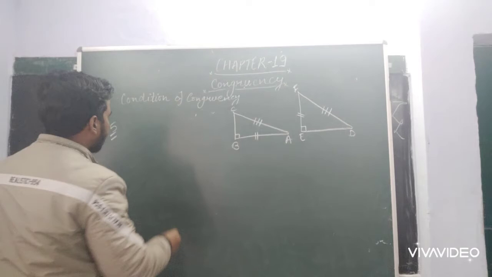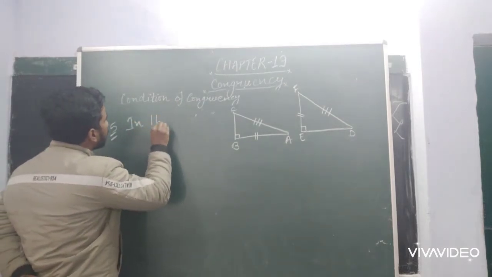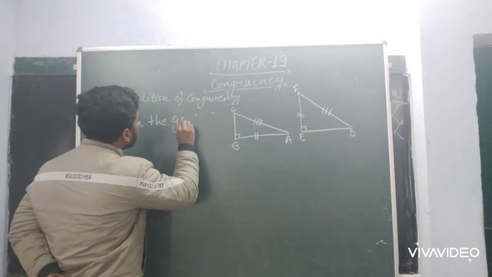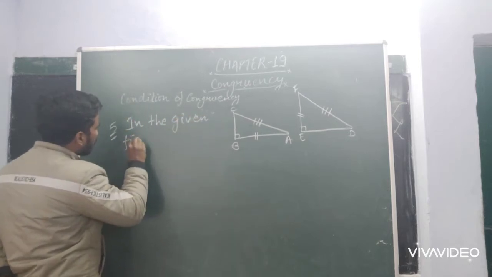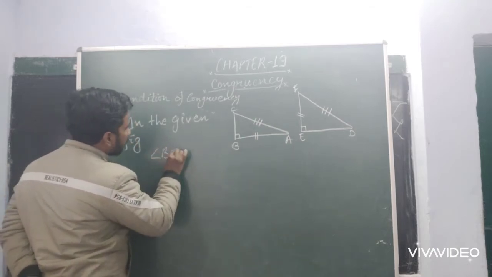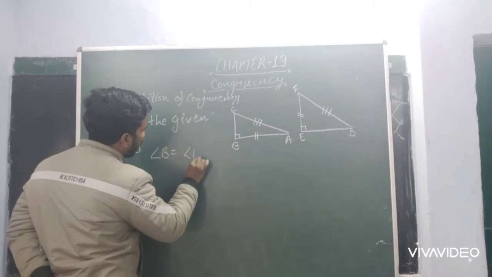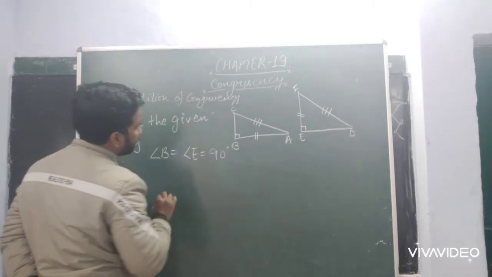So now in the given figure, angle B is equal to angle E, that is 90 degrees.